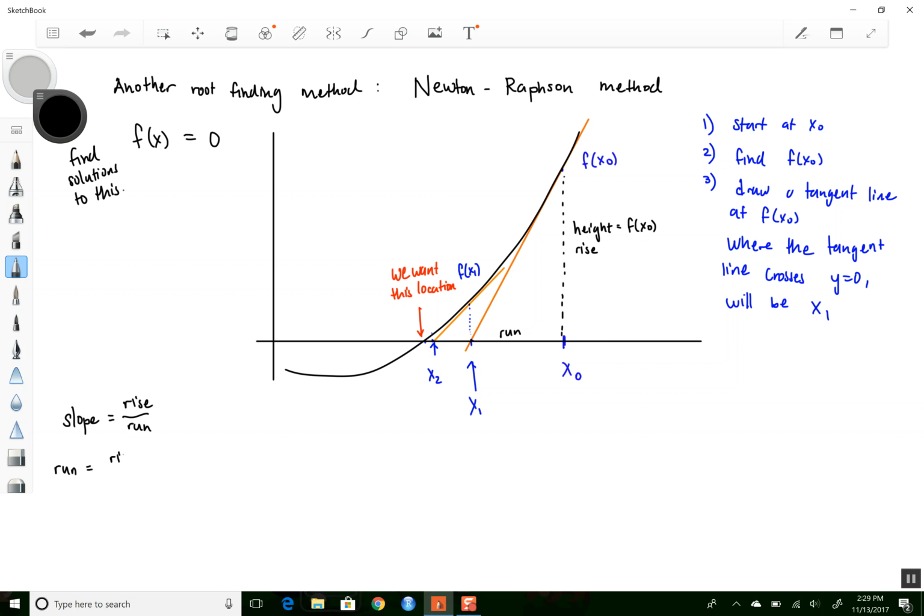All right, you guys are getting ahead of me. The run is the rise divided by the slope, okay? Is that all right? Yes, so far so good. And we said the rise is equal to f of x0. And what is the slope? This is where we take the derivative of f at x0.